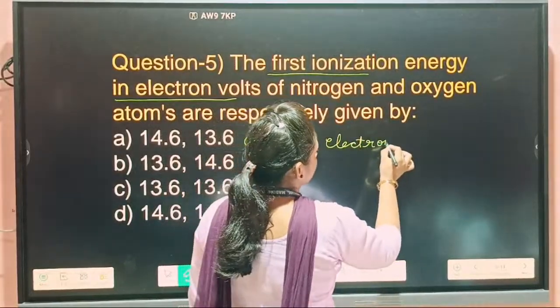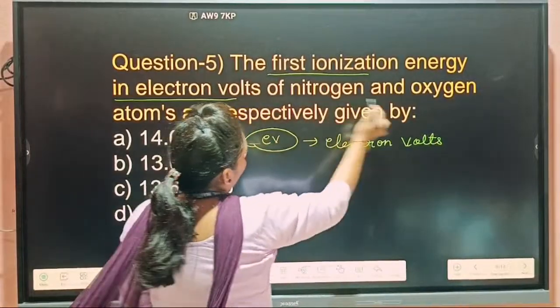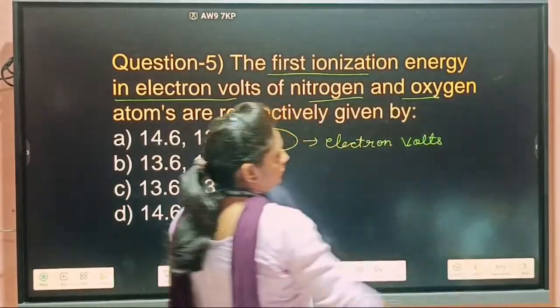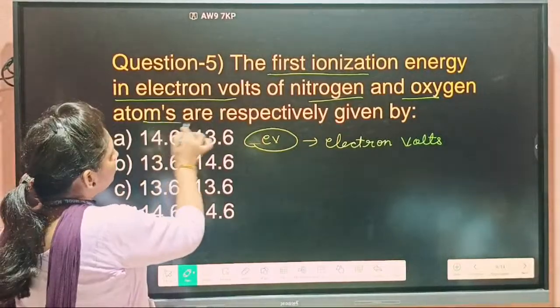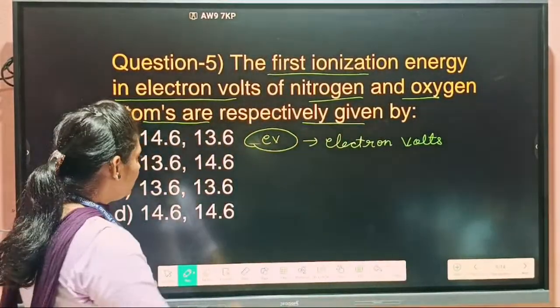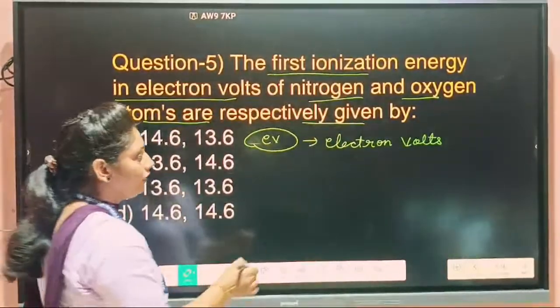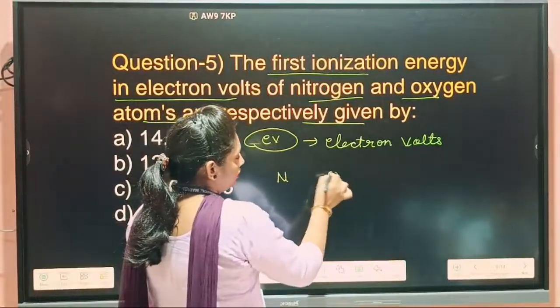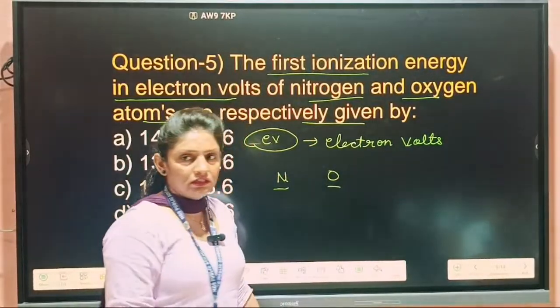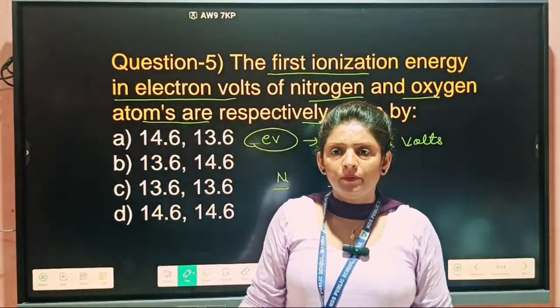This is the unit, electron volts, of nitrogen and oxygen atom, respectively given by. Students, here first ionization enthalpies are given for nitrogen and oxygen. So we do not know about the data.